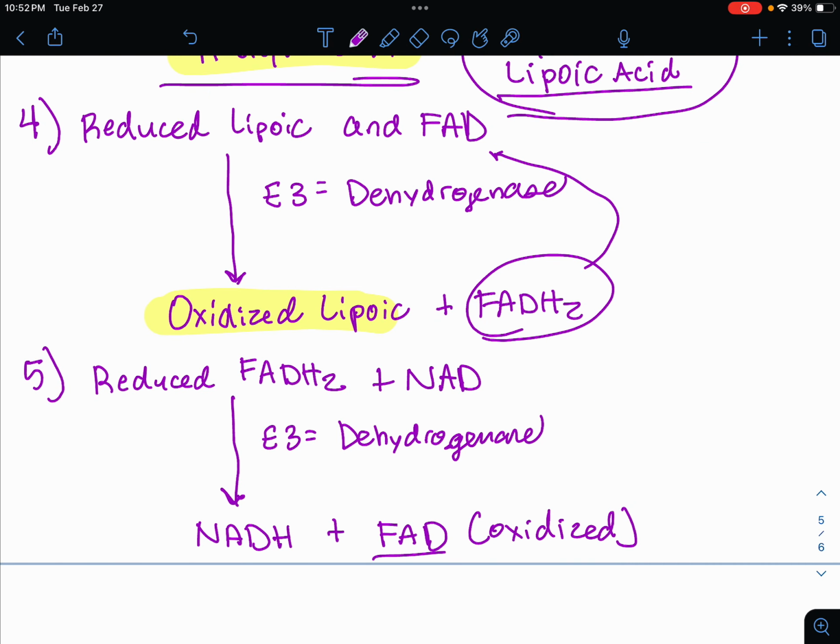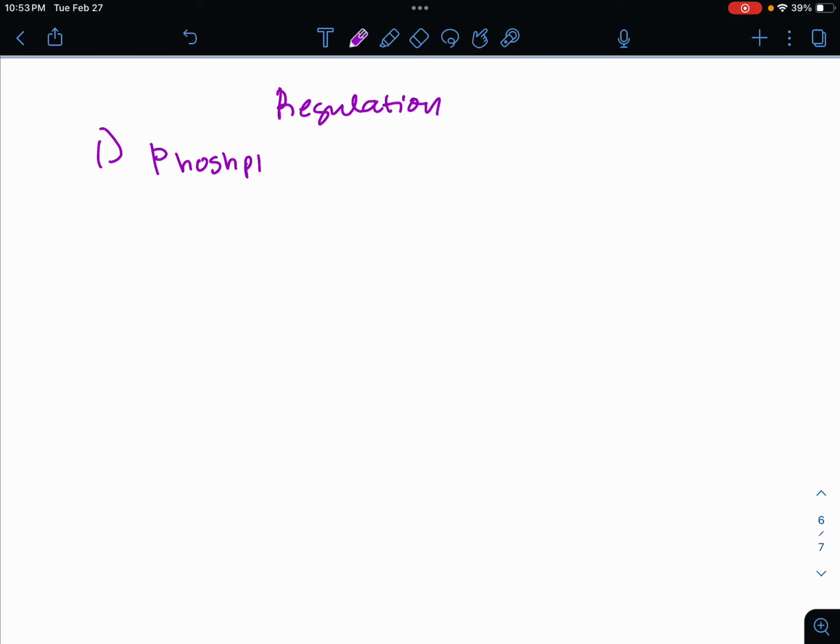Alright, let's talk about transition regulation. So regulation of this transition step will involve the phosphorylation of the enzyme 1, or E1 dehydrogenase.